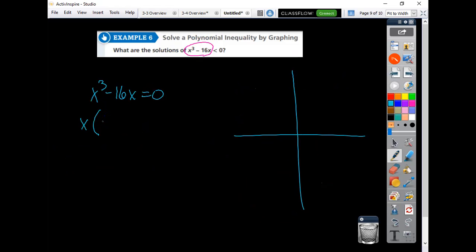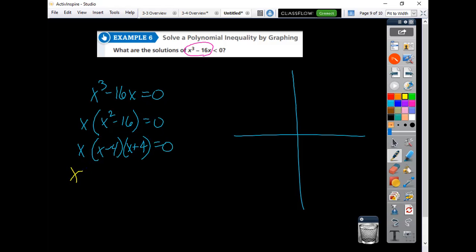If I factor an x out of there because they both have an x in it, x squared minus 16, now that's the difference of two squares. So that'd be x minus 4 and x plus 4. So our zeros would be at 0 from this one. X minus 4 equals 0. Here, let me not skip any steps there.